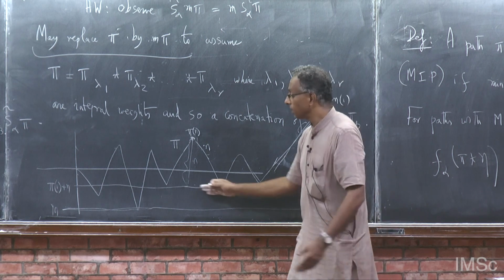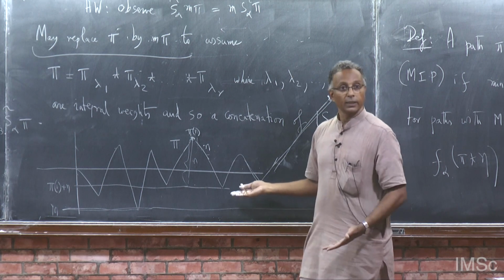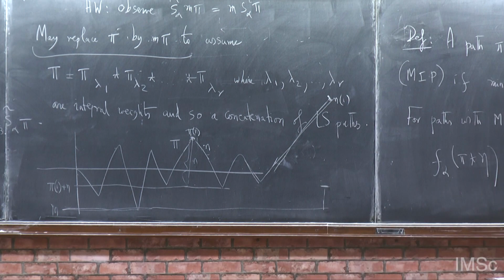So this is just the simple thing saying that if they satisfy this minimal integrality property, then when you apply f alpha to a concatenation, it goes in one or goes in the other. It behaves well. Similarly, E alpha. This is an important property.